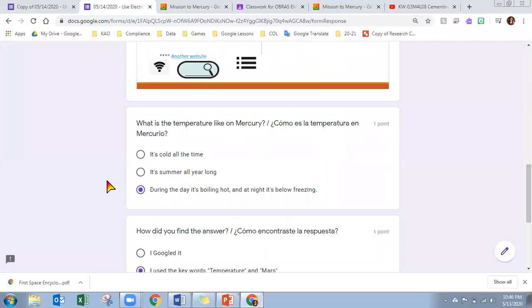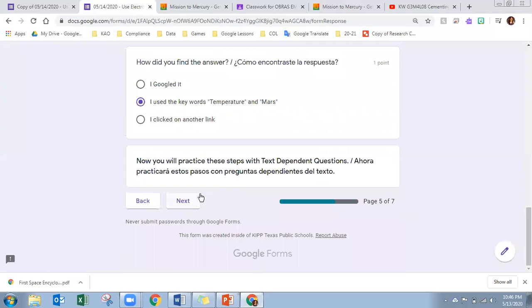So that could be another way that I find this answer. So I can use information from the question, but I could also use some keywords from our answer choices. Okay, so now it is your turn to practice these steps with the text-dependent questions on the next page.